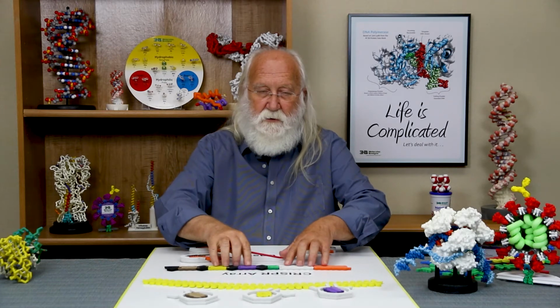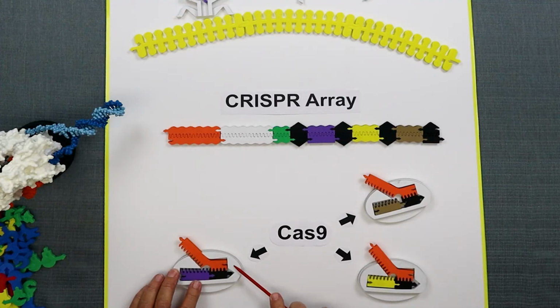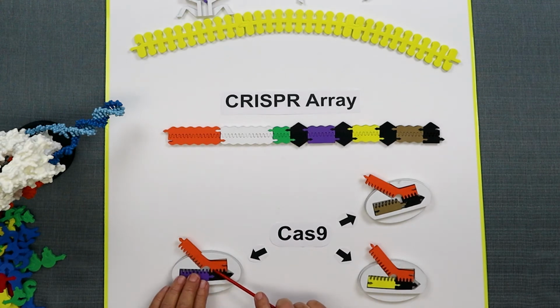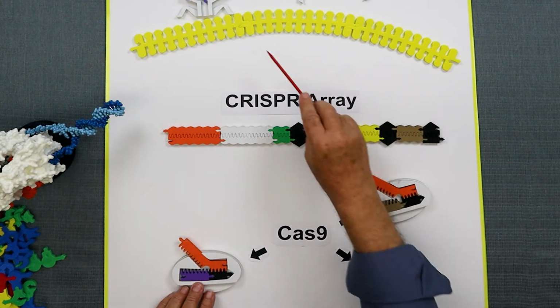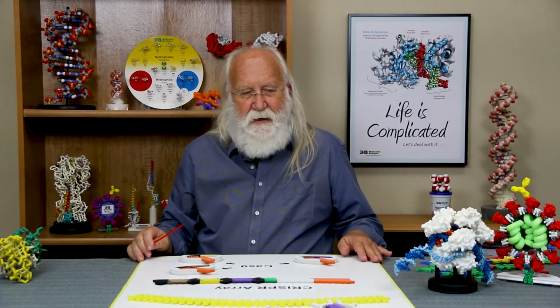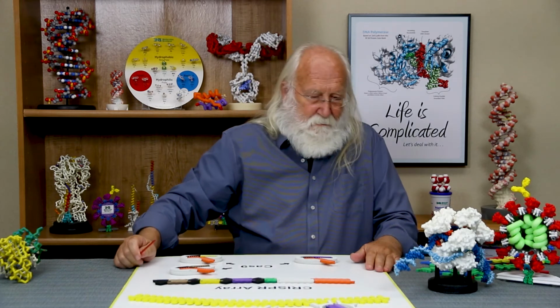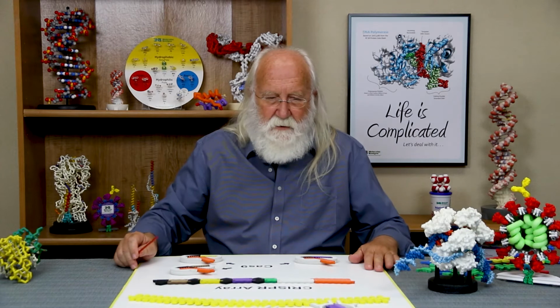And then from this CRISPR array, deploy a series of Cas9 proteins programmed with some RNA that makes it possible for this Cas9 to provide constant surveillance for the entry of this purple bacteriophage genome into the bacteria again. And I just said a lot in the last 30 seconds. So let me go back and try to go through that more slowly.